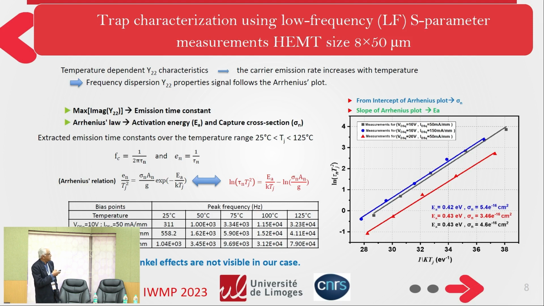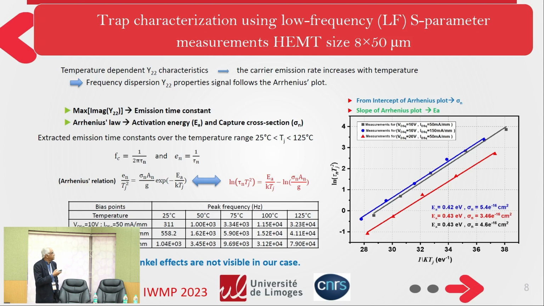In this case, we obtained around 0.42 electron volt and a capture cross section around 5.03 e power minus 16 centimeter square, for different values of VDSQ, 10 volt, and different values of IDSQ also.